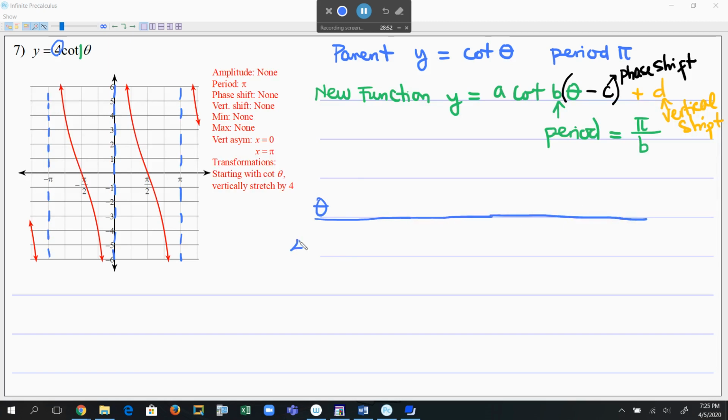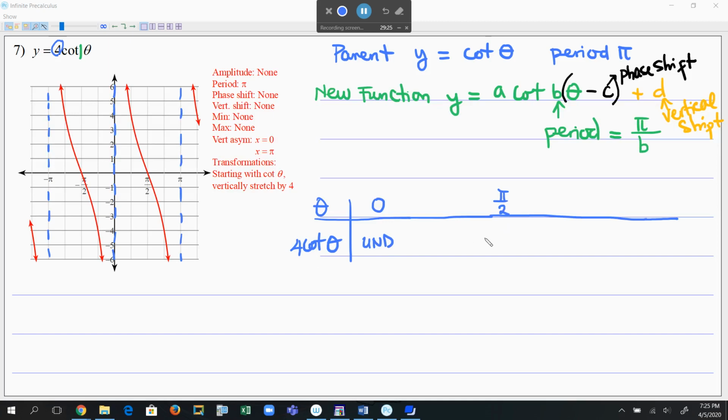So this would be for cotangent theta. Now let's think about our parent function first. Cotangent of 0 is undefined, so 4 times undefined is still undefined. Cotangent of pi over 2 is 0.